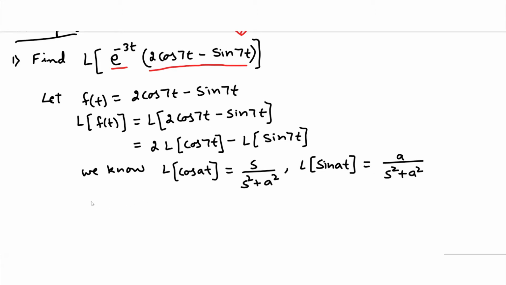If you use these two formulas, Laplace transform of f of t is equal to 2 times cos 7t, which can be written as s by s square plus 7 square, minus Laplace transform of sine 7t, where a is 7, so 7 divided by s square plus 7 square.